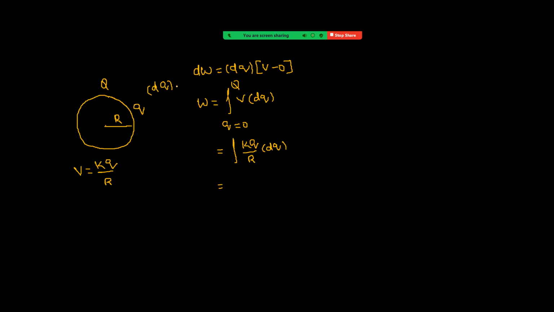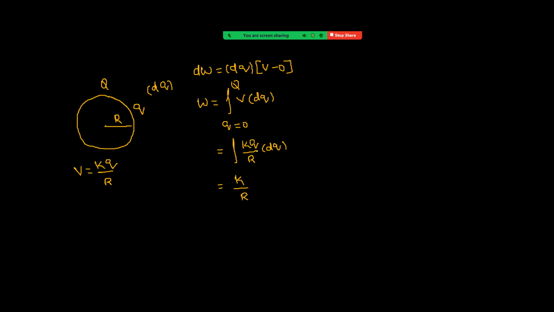Next, we bring one more dq charge from infinity up to here. Like this, while charging the body, work is done. That work is what we call self energy. Now see here, K constant, R constant, take both outside.